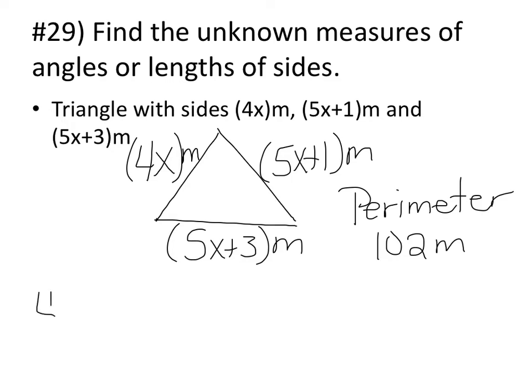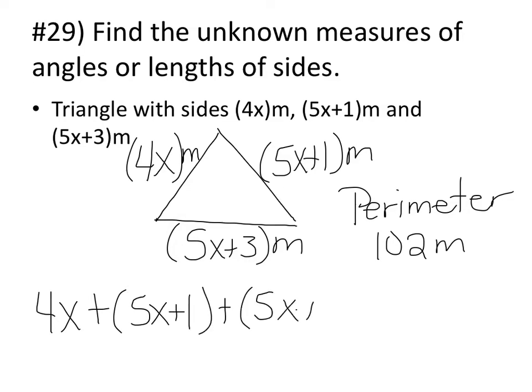So you're going to say 4x plus (5x plus 1) plus (5x plus 3) equals 102.